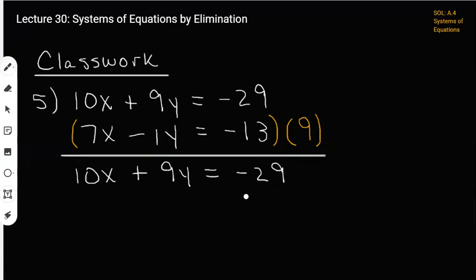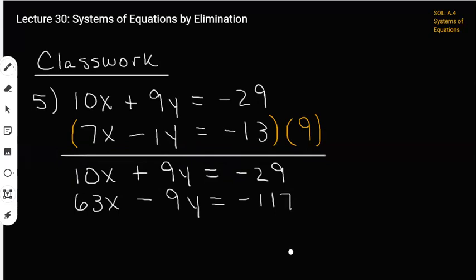I'm going to multiply every single number by 9. 7 times 9 is 63, and I put the x beside it. Negative 1 times 9 is negative 9, and I put the y beside that. And then negative 13 times 9 is going to give me negative 117.